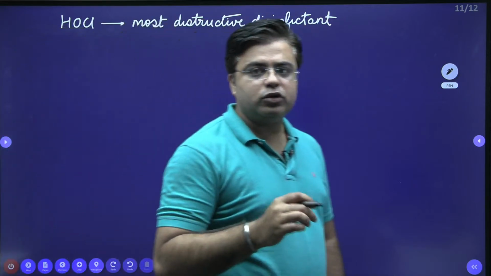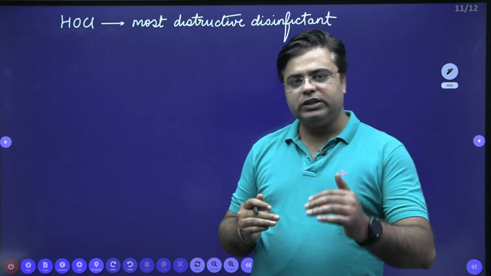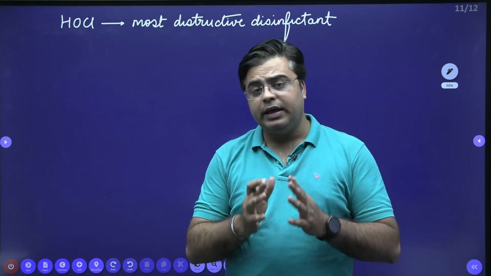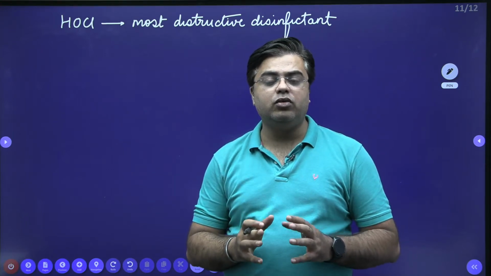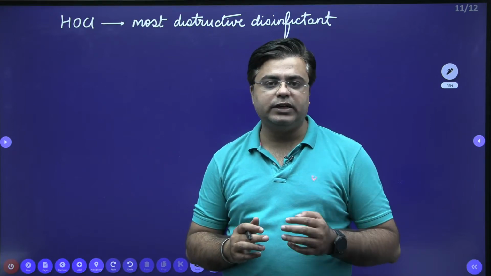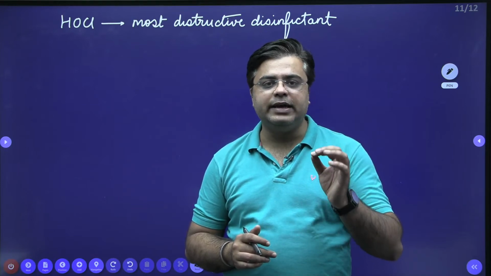HOCl is the most destructive disinfectant. That is, out of Cl2, HOCl and OCl minus ion, HOCl carries out the most destructive disinfection. It means the rate of disinfection and the efficiency of disinfection for HOCl is the highest.